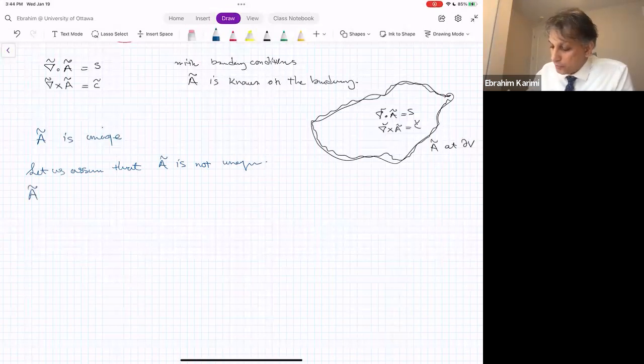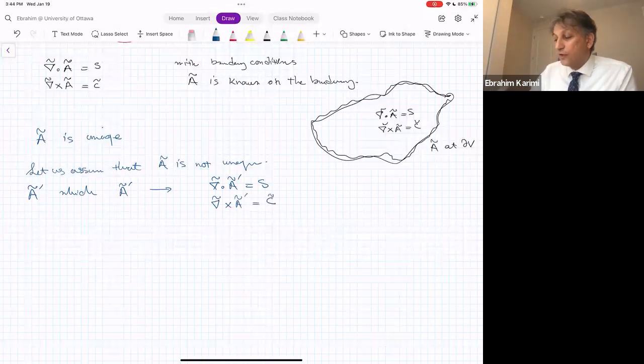There is an A prime, which has the following property. Divergence of A prime is exactly the same source. Remember, it's exactly the same function. Curl of A prime is exactly the same function of C, and A is equal to A prime on the boundary.